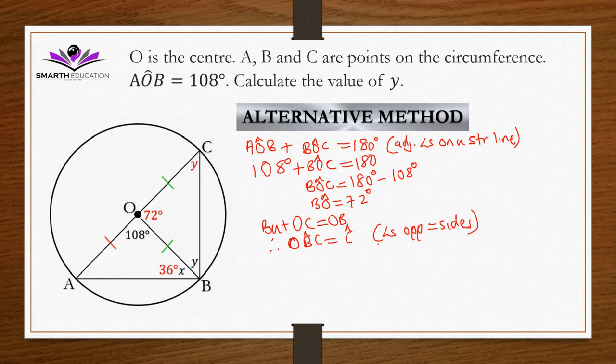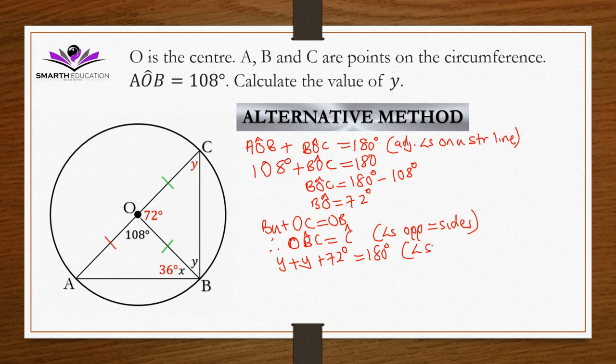And then we can now use the interior angles of a triangle. Angle sum in triangle. Right, so we can say y plus y plus 72 degrees is equal to 180 degrees.